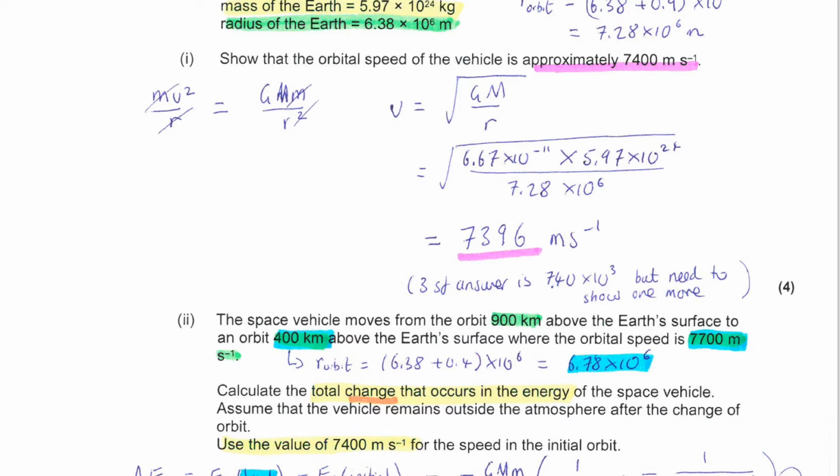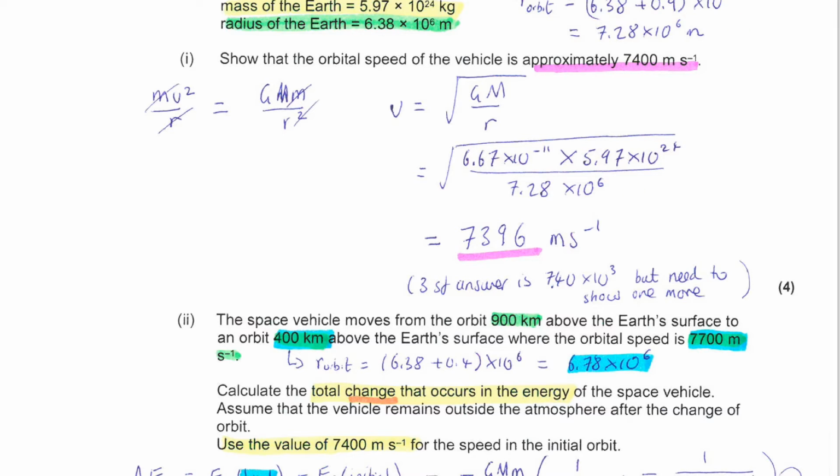Now it's about careful substitution, and the key point to note is that the r in this equation is the radius of the orbit. Do be careful here, you must add the height above the Earth's surface to the radius of the Earth to give the radius of the orbit.